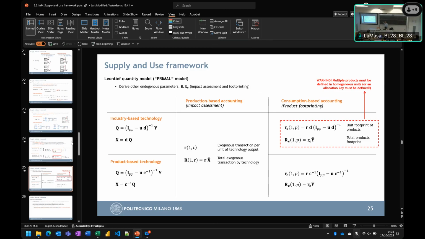So the consumption-based, remember, is not just about measuring the impact, but it also implies allocating the impact on multiple products. So this strongly depends on the assumption that we define, product technology or industry technology assumption.